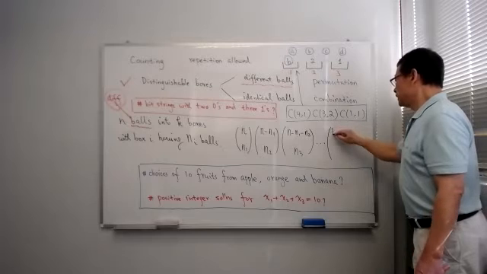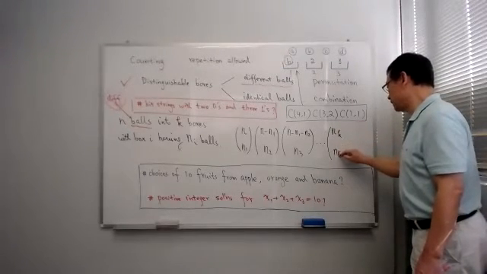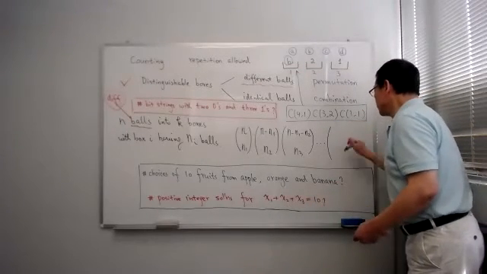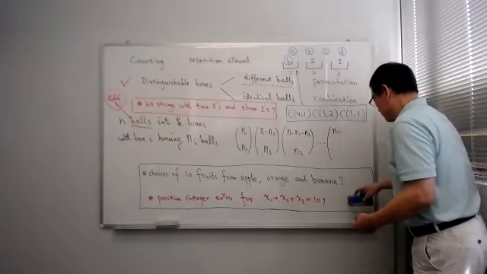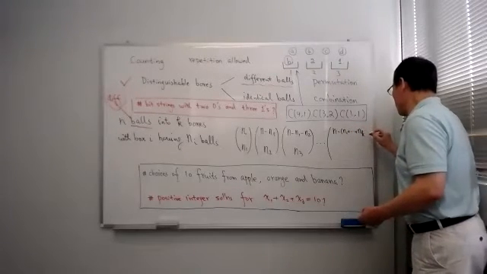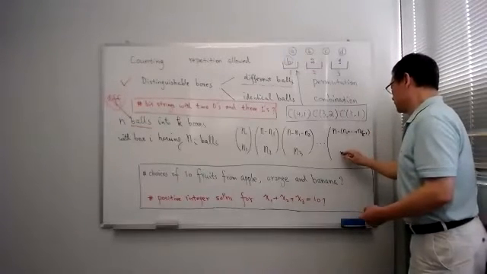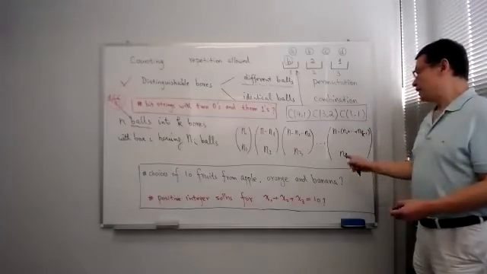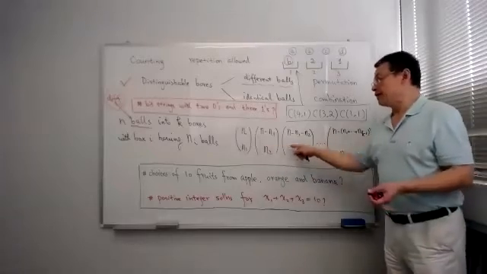Eventually the last is nk, and the balls left will be n minus the sum of n1 through n(k-1), which is nk. So eventually, by the multiplication rule or product rule, it will give us this formula.